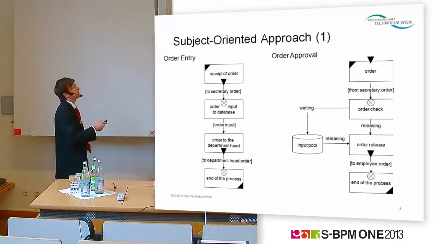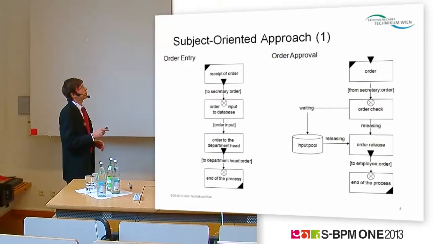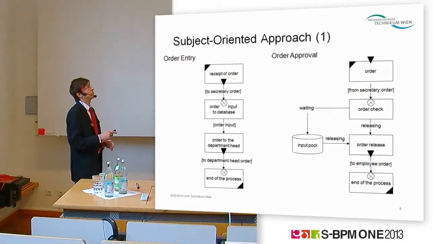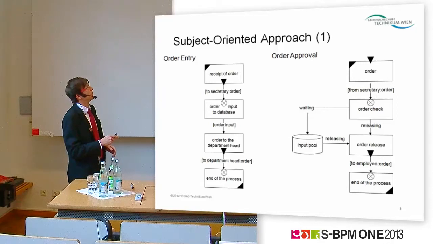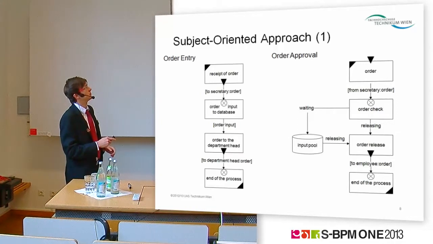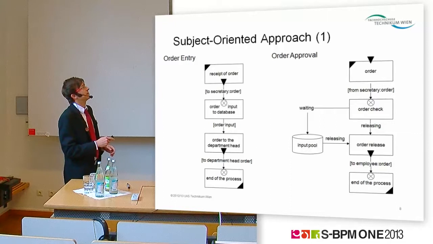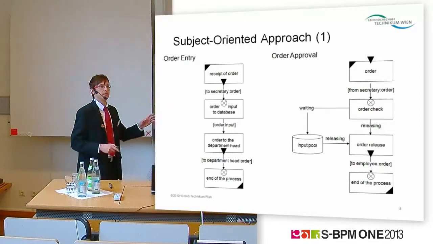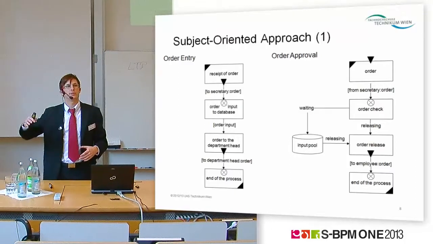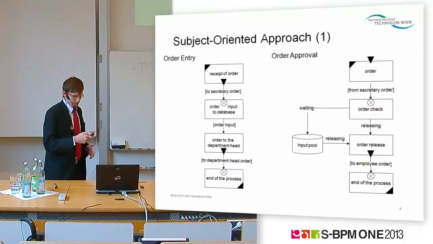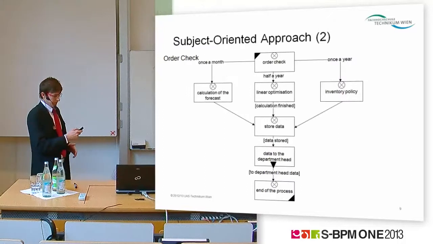So then we come to the sub-process order approval. This process starts with the receipt of an order from the secretary by the department head, and then the activity order check starts. This activity is the sub-process production planning, which we see here.